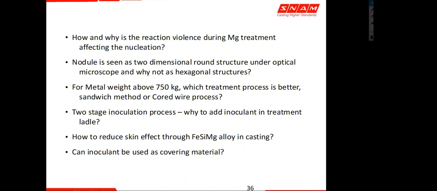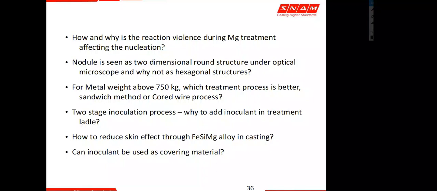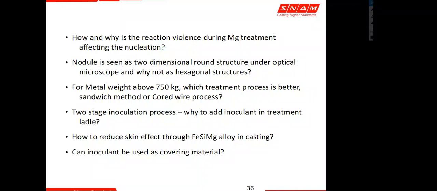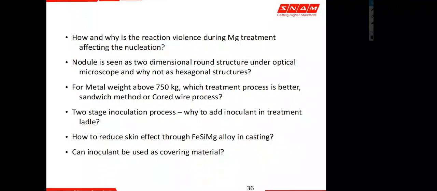But if you start changing your FeSiMg alloy just to counter the skin effect, it can also affect the other parts of the casting, which already have good nodularity, or you start giving more magnesium to other parts of the casting, which is dangerous. So FeSiMg alloy is not the direct solution for skin effect. Can inoculant be used as a covering material?